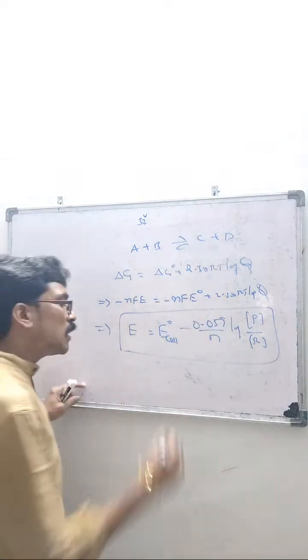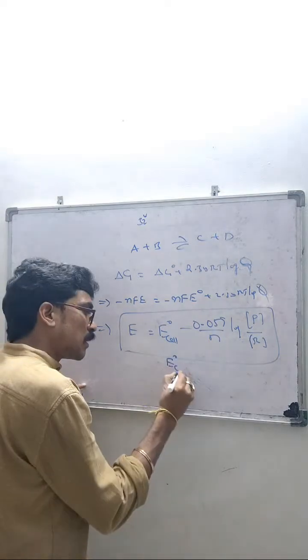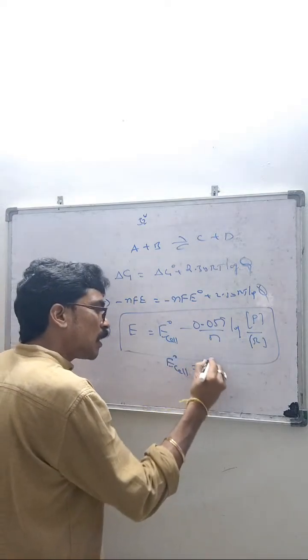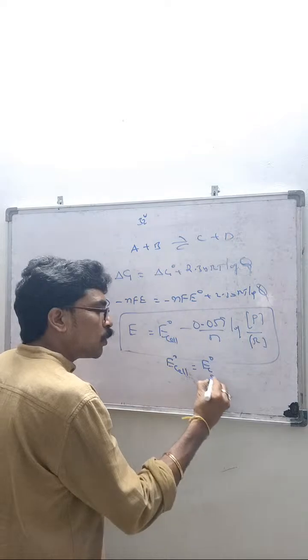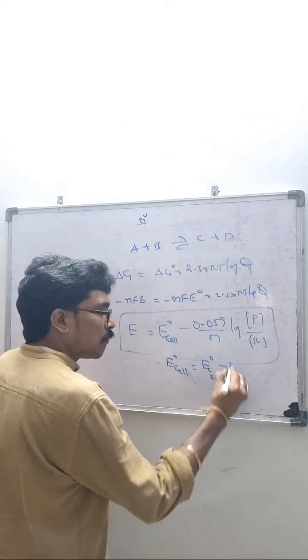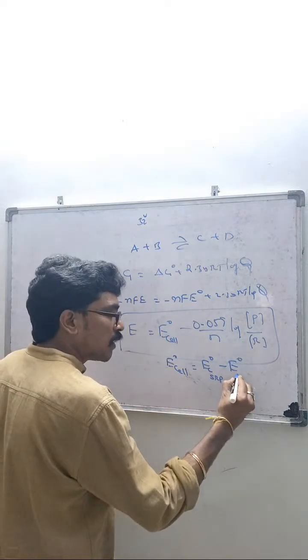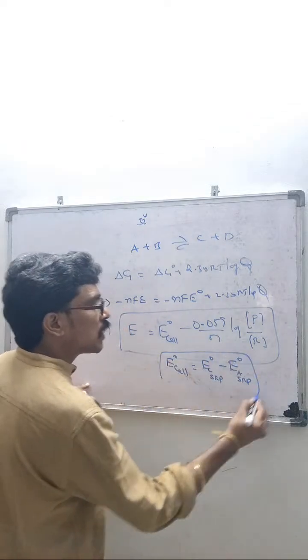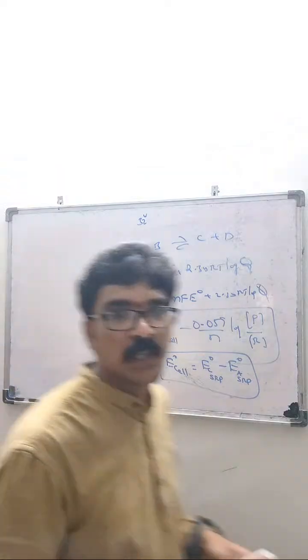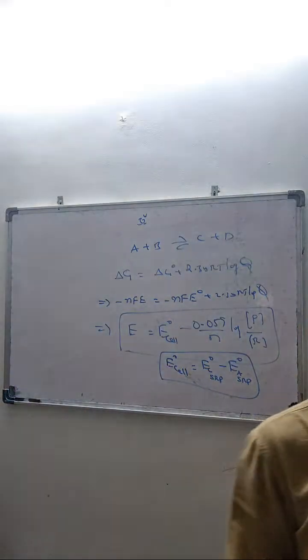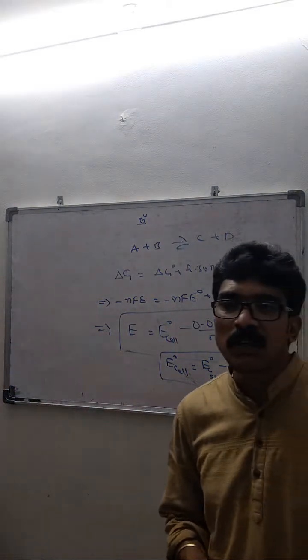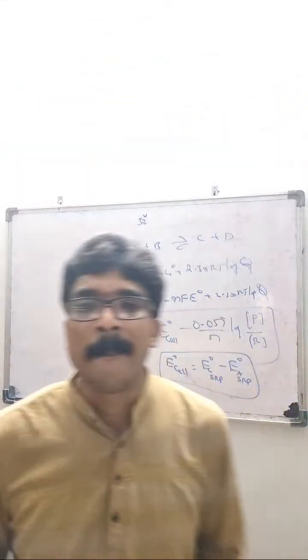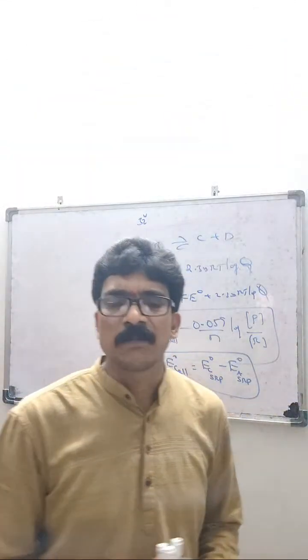Now, E naught of the cell is calculated like this: E naught of the cell is equal to E naught cathode SRP minus E naught anode SRP. By using this, you calculate. This is a brief discussion.